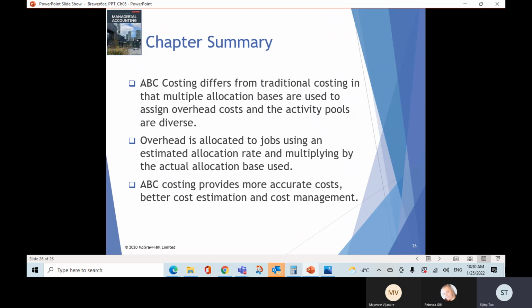If you still remember the examples we went through, we were talking about different activities, right? We calculate different activity rates and you multiply by the estimated activity. Then you have the total overhead amount divided by the products. You have your unit total amount for overhead applied. So ABC costing provides more accurate cost, better cost estimation, and cost management. So that is for our chapter 5.